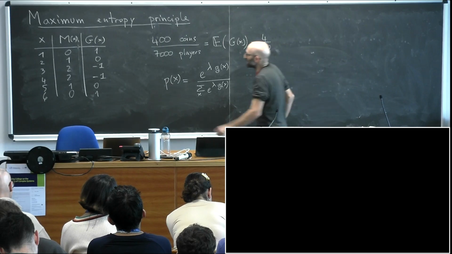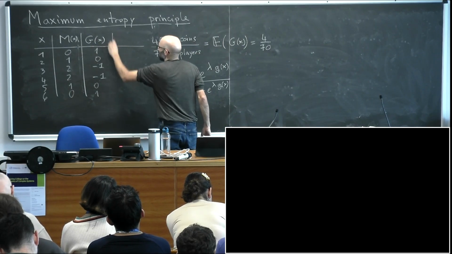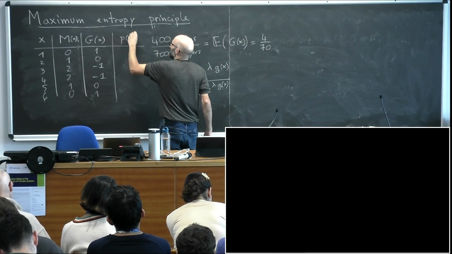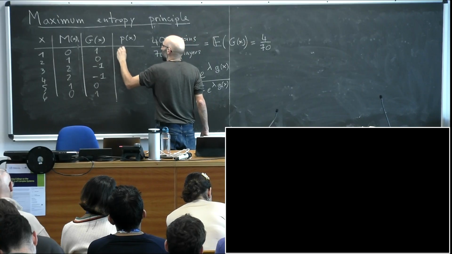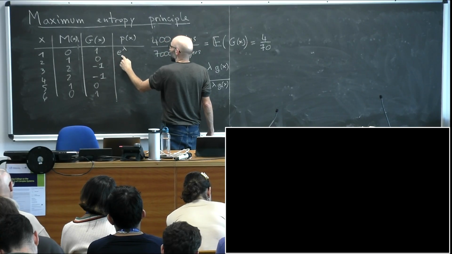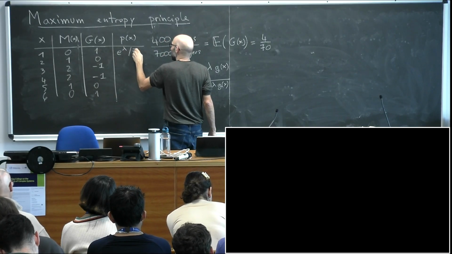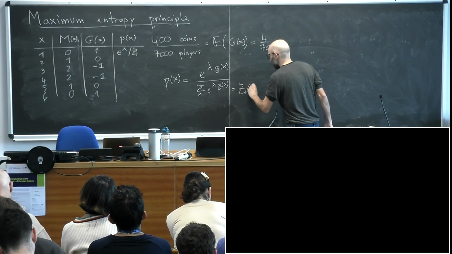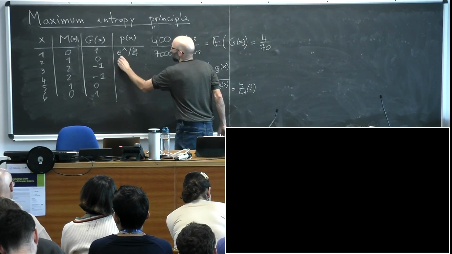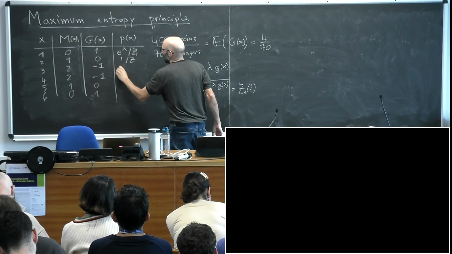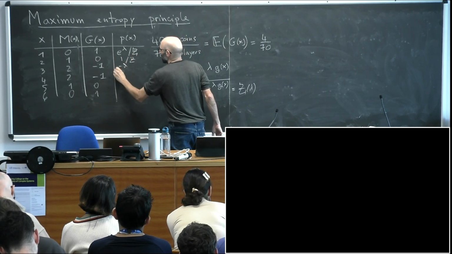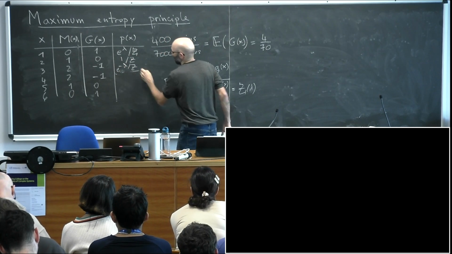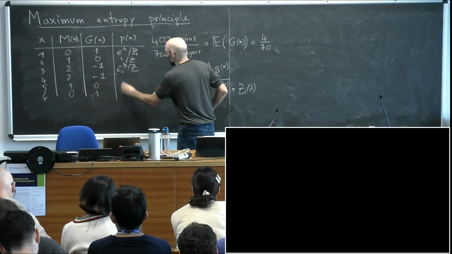So my estimate of the probability p of x will be exponential of lambda divided by z, where z is the denominator, then 1 over z, then exponential of minus lambda over z, and well, it's symmetric, so the other ones are identical, right?